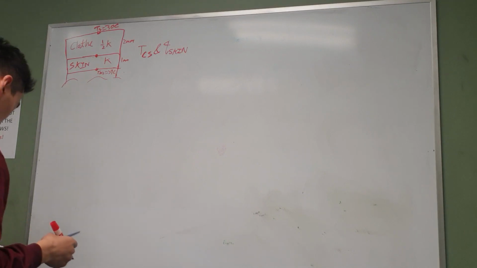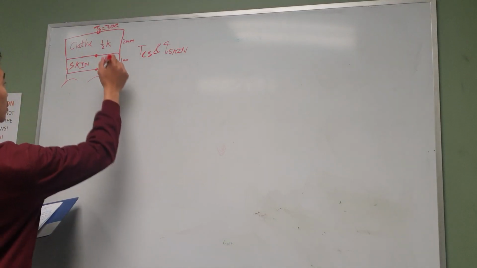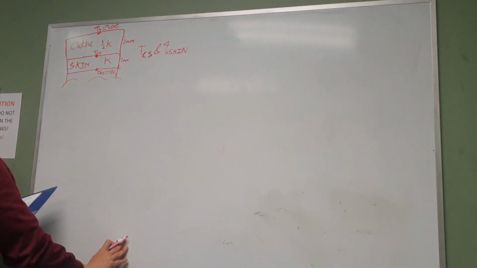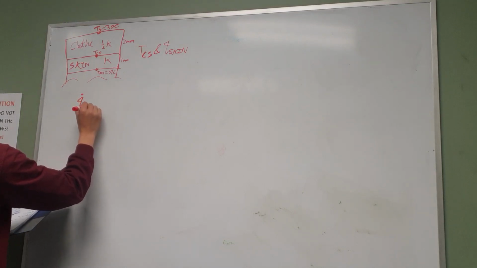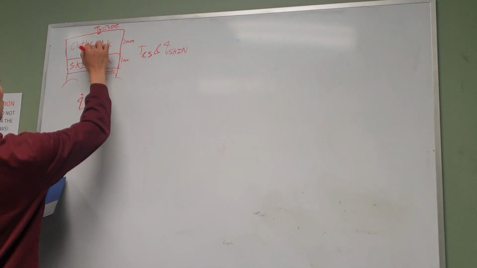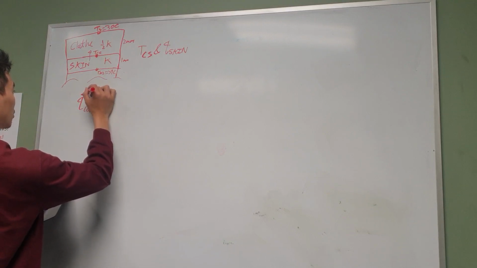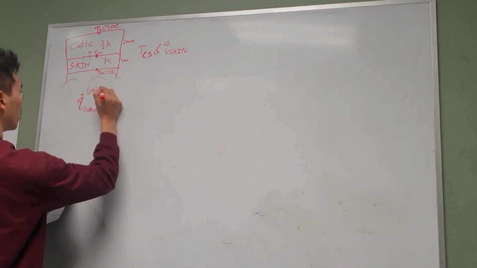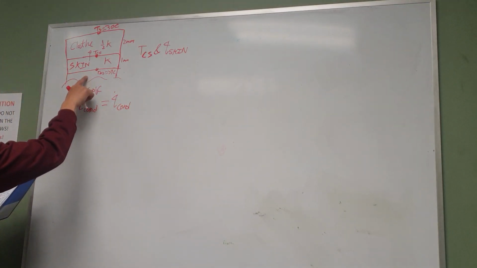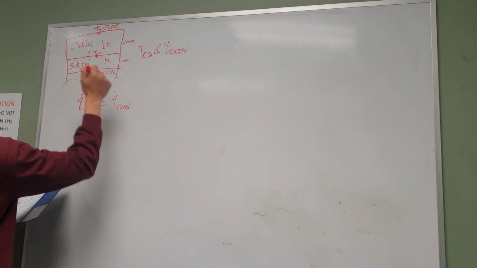We can also solve it in 2 ways. We know the Q conduction from clothing to skin is equal to Q conduction from the back of the body through the skin.